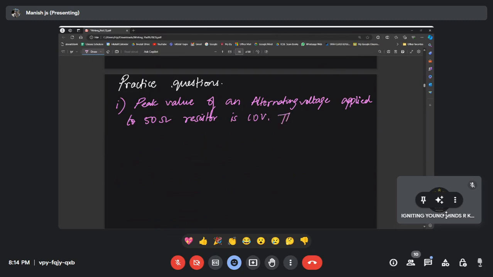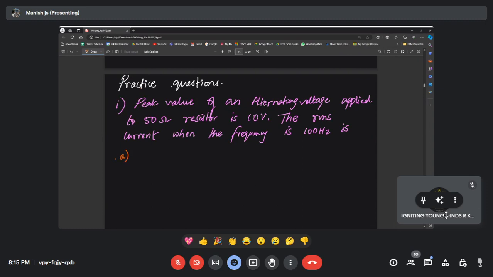The RMS current when the frequency is 100 hertz is, I'm giving you the options.